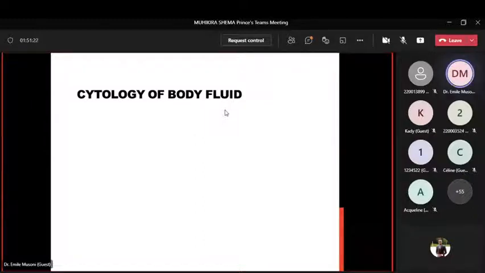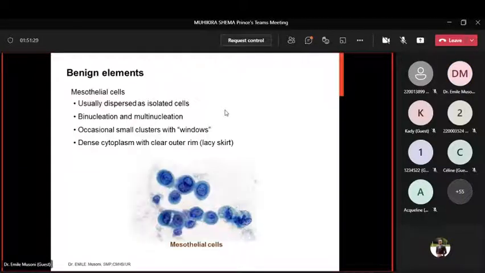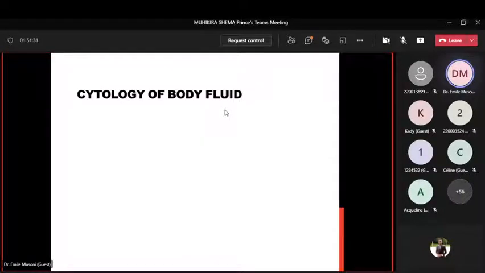First of all, you must know what is body fluid. Body fluid here means peritoneal fluid, joint fluid, sputum, urine, CSF.